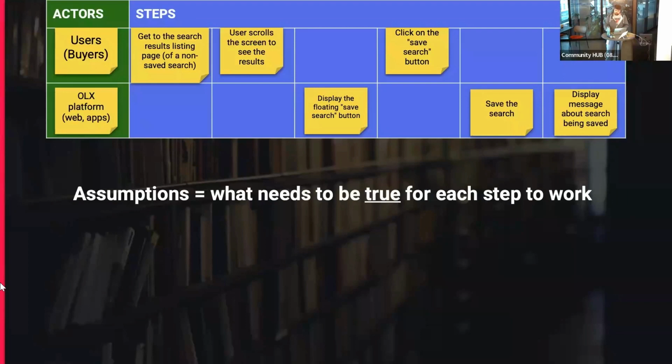But how do I even define assumptions? So, okay, let's say get to the search results listing page. So users need to do that. So which assumptions do I have here? It's a bit hard to think about this. So what helps to think about the assumptions is the four risks from Marty Cagan, which became five because someone added something.